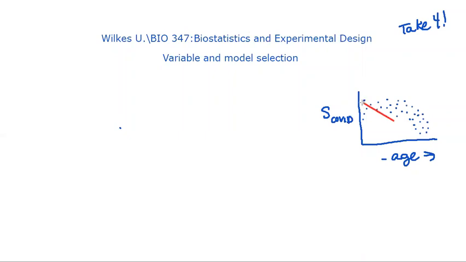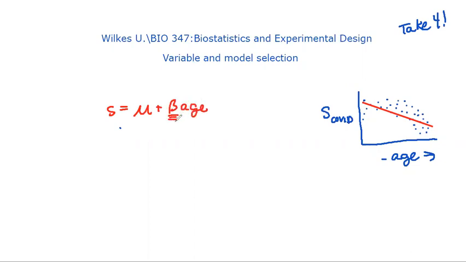So it might look something like this, okay? So if we did draw that line, okay, a simple single parameter. So we'll have S equals, and then we have some intercept, okay? So we'll call that mu plus the effect of age, okay?